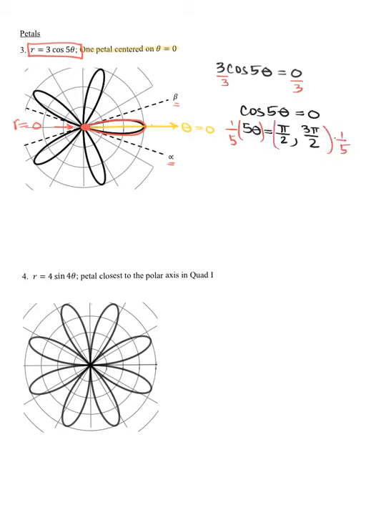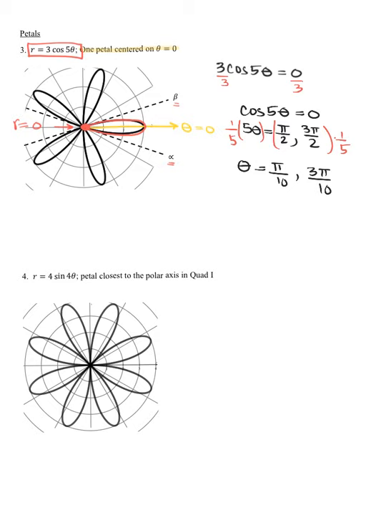And so then that will end up with theta is equal to pi over 10 and 3 pi over 10. And then of course there's more pairs, because of the 5 theta. So we're just going to always find those first two values though.